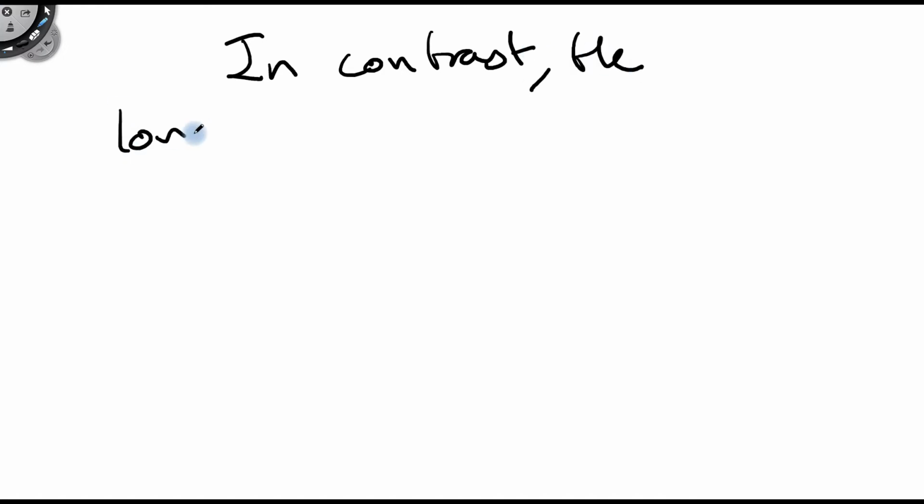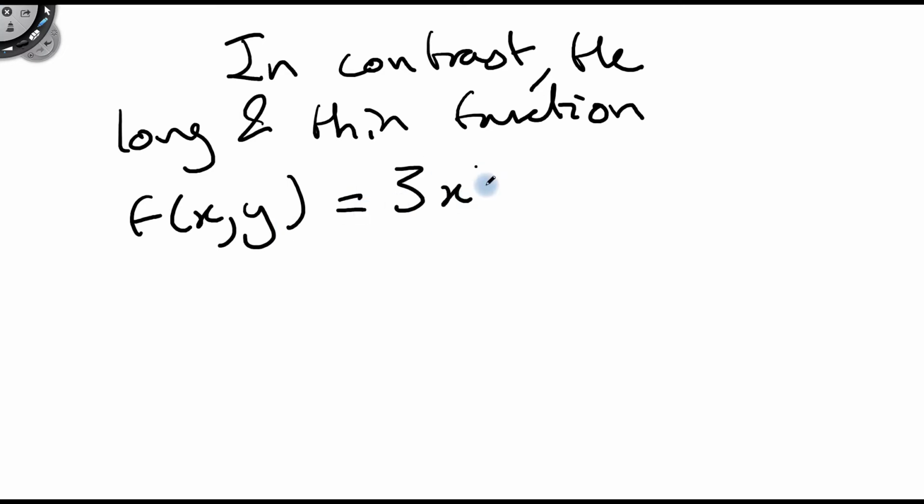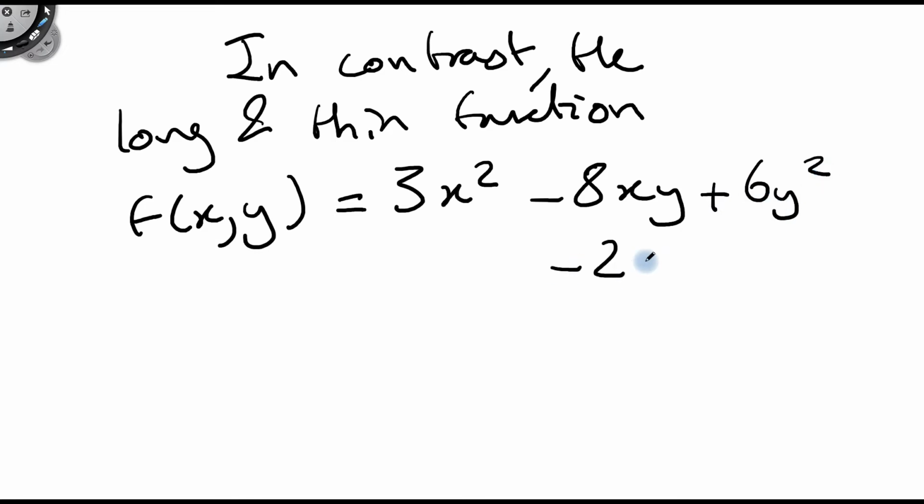So in contrast, the long and thin function. I'm trying to link a qualitative picture with a quantitative one here. You might have better words to describe it, but it was this one. So we had 3x squared minus 8xy plus 6y squared minus 2 of x.